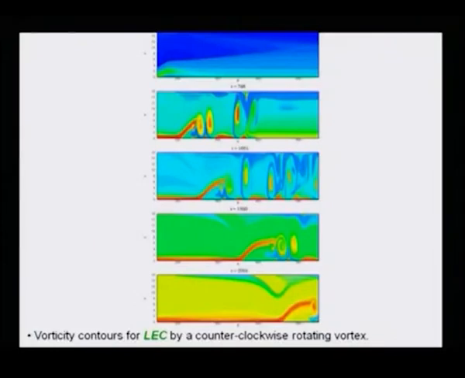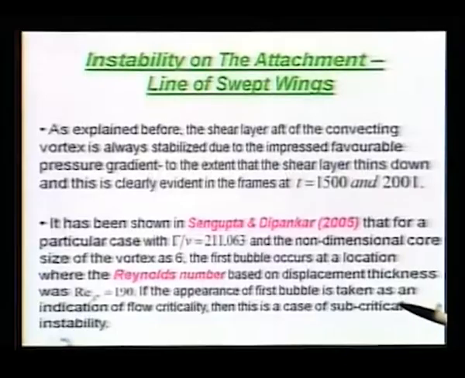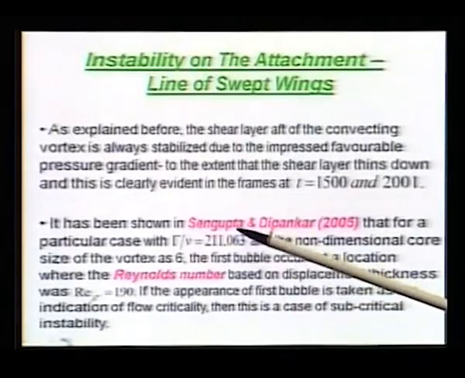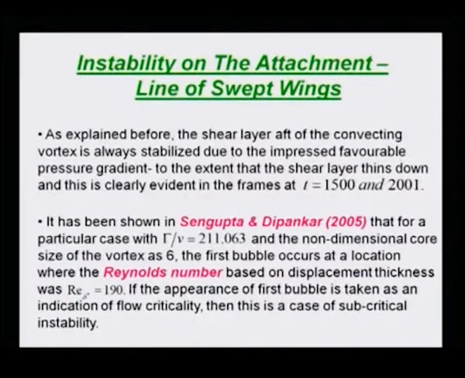Now, this is what we commented upon. We did talk about this, that we have looked at a very particular case of gamma v that corresponds to a chord diameter of 6.